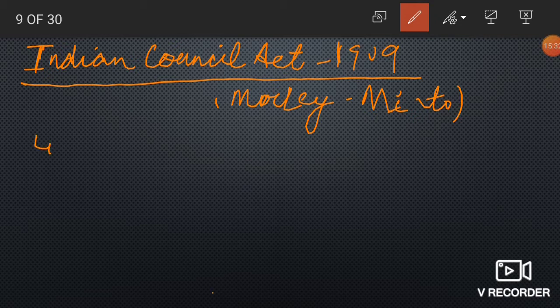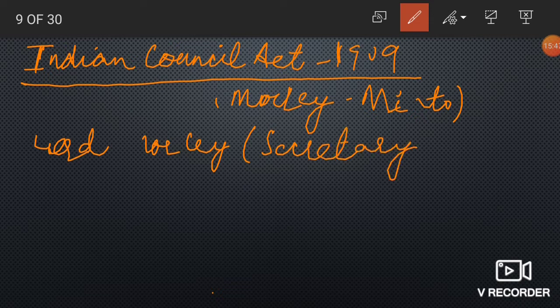Lord Morley was the Secretary of State at that time.